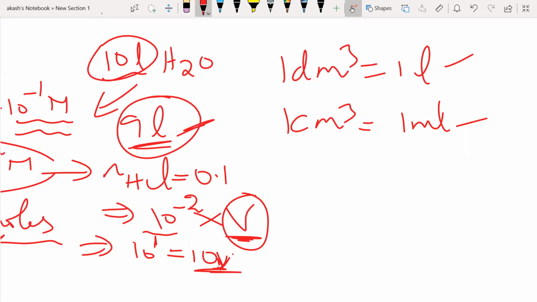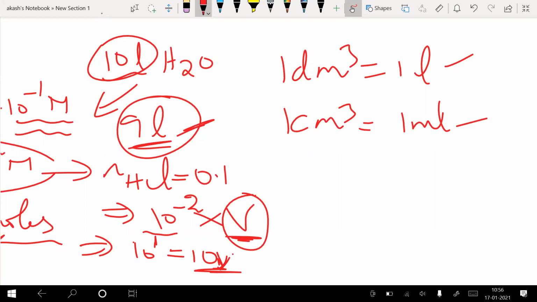So pH of 0.08 mole per decimeter cube HOCl is this much. What is its ionization constant? What do you mean by ionization constant, guys? What are they asking? Which term are they asking?